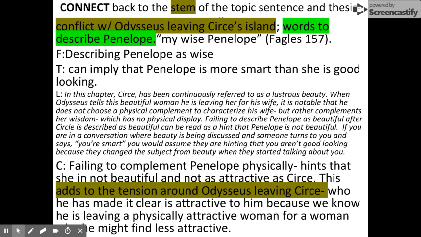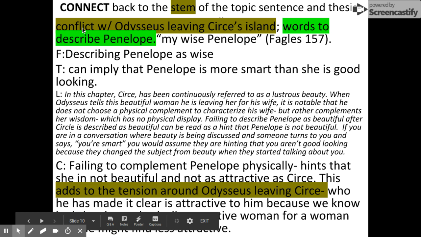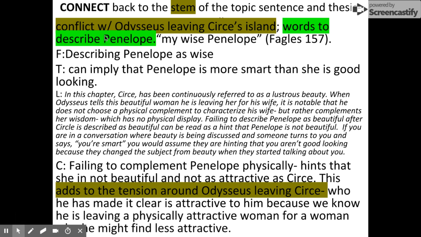The final step is to connect back. So I've got to connect back to my stem, which I haven't talked about yet. How does this develop a conflict with Odysseus leaving Circe's island? And so here I try to connect back. I've described that maybe Penelope is more wise than good looking, and here I connect back. Failing to compliment Penelope physically hints she's not beautiful or attractive like Circe.